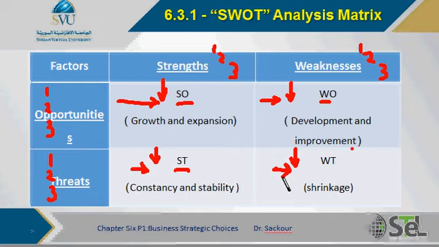And here, some strategies will rise up and will come out of this matrix. We have to follow specifics, and this will help us to identify some growth and expansion.